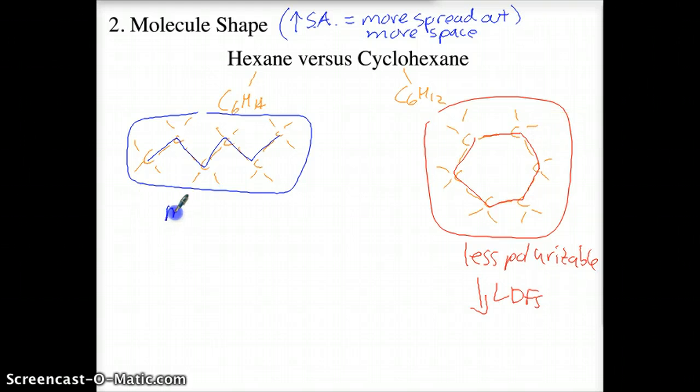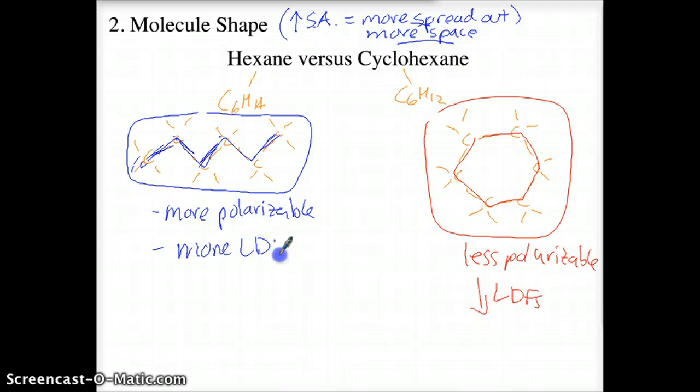Hexane, on the other hand, is more polarizable. Why? Because it has more surface area. It's a bigger molecule. There's more space. The atoms are more spread out. So the electrons have much more space to move within these bonds. So therefore, this is going to have more London dispersion forces, or another way of saying that, stronger London dispersion forces.